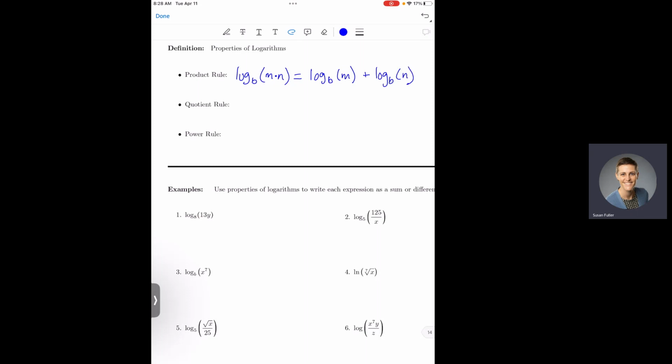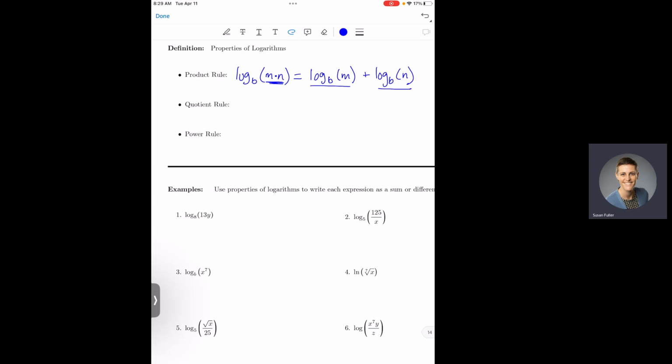You can add their separate logarithms. So here m and n are being multiplied inside one logarithm. Here m is in its own logarithm, n is in its own logarithm, and they're being added.